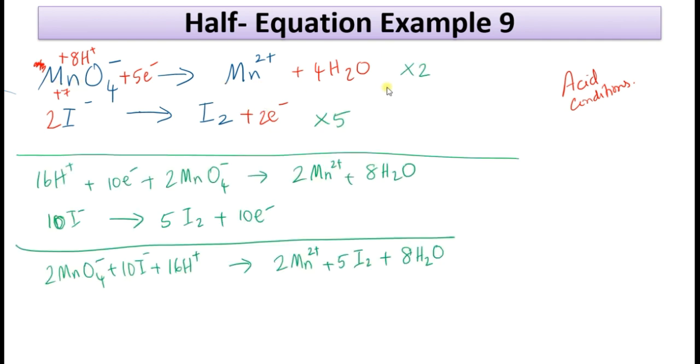So I've multiplied the top equation by 2, so 16H plus and all that species is rewritten here because it's a bit messy. This equation multiplied by 5 is written here. Then the electrons cancel from left to right, and then you have the overall equation.